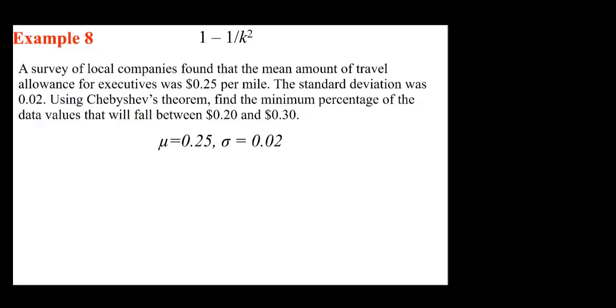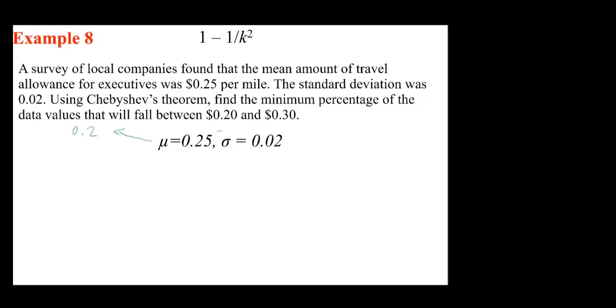But if it wasn't, we should know it's using Chebyshev's theorem because it doesn't say anything about the distribution being normal. So with that being the case, you need to know how far you go to get to that number. So look at this one this way. To the left of it is 0.2.